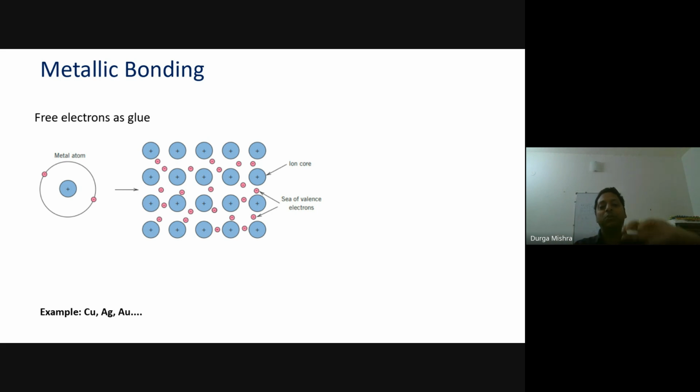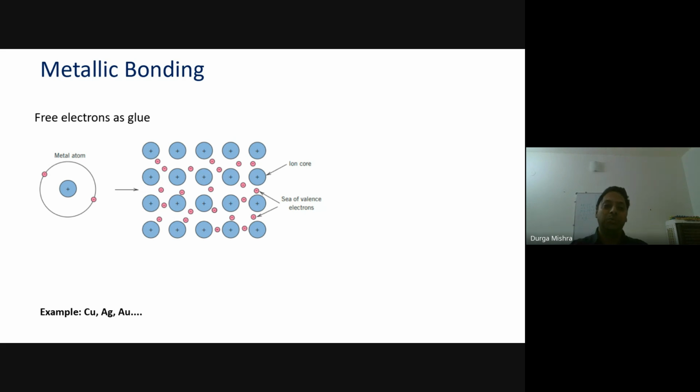Now if I take one electron from a copper atom, copper becomes copper plus and an electron. Each copper plus is now glued to the others by this free electron. So you have a sea of valence electrons, and this sea acts like a glue and connects all these ions together.